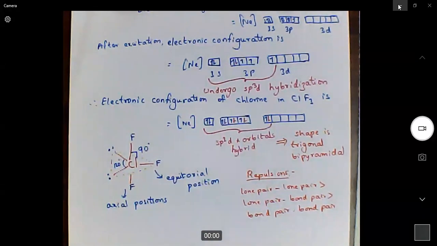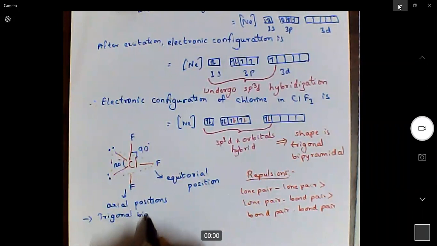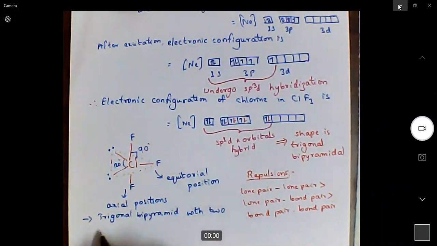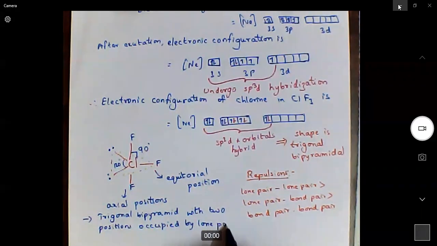Now the shape of the molecule is trigonal bipyramid with 2 positions occupied by lone pairs. Generally, we don't consider lone pairs in the shape of the molecule.